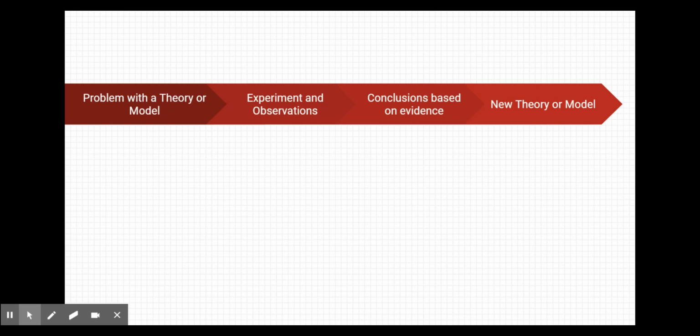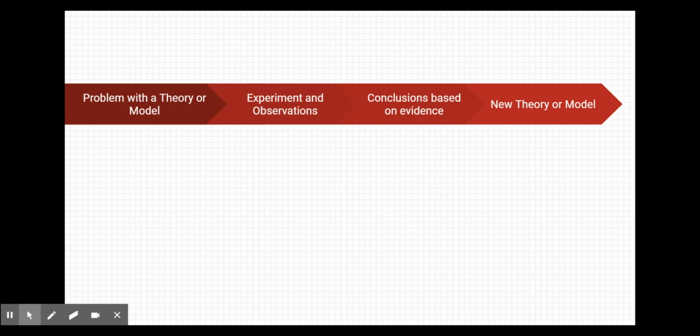So for every topic, every scientist that we deal with, we'll pretty much always start with some sort of problem with a previous model of the atom. It might just be a problem with a theory. Sometimes it's a specific issue. Sometimes it's just that a scientist had a feeling that something just wasn't quite right.